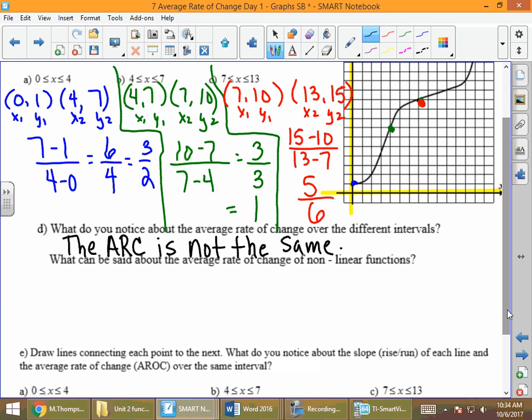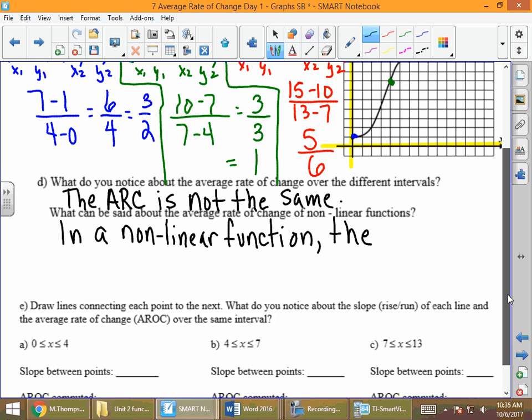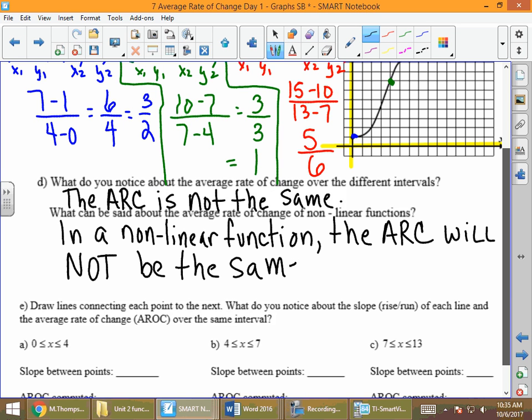And that's what we can say. In a nonlinear function, the average rate of change will not be the same. It changes, or it's different.